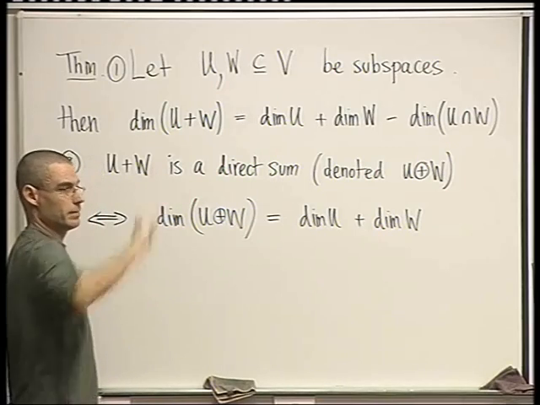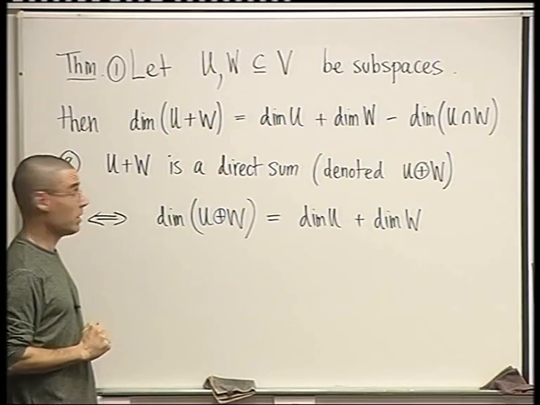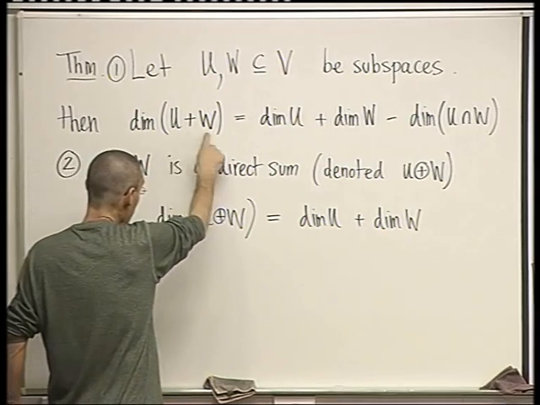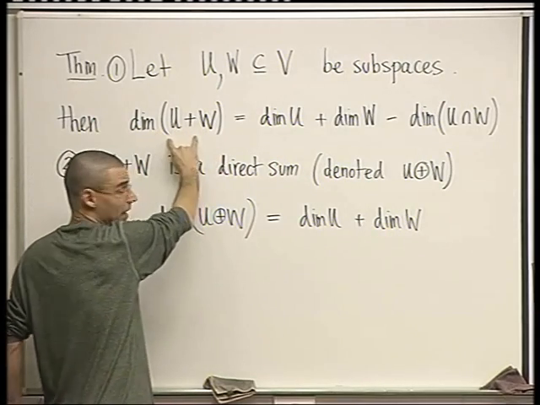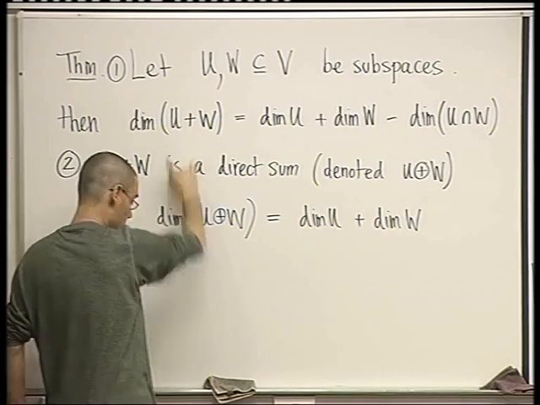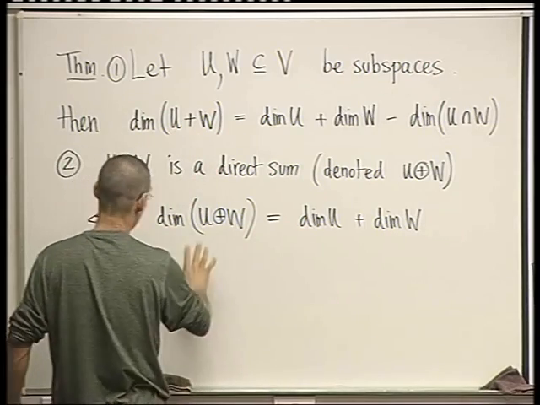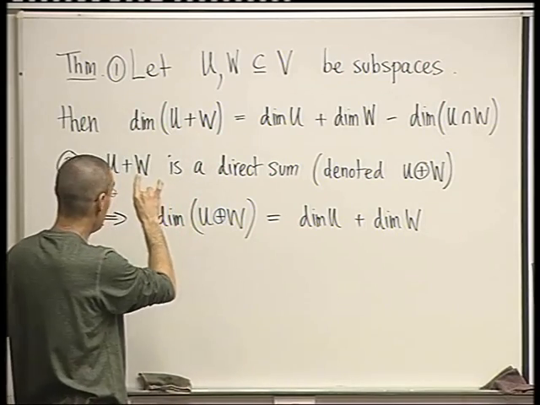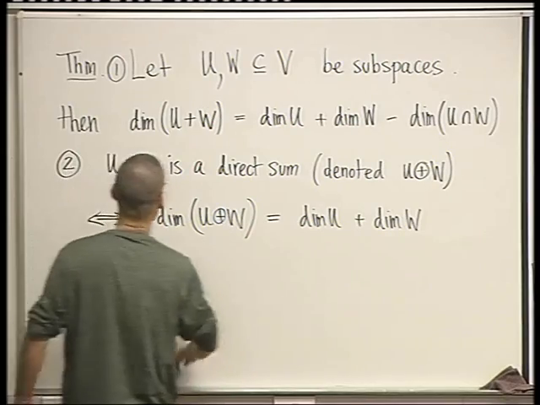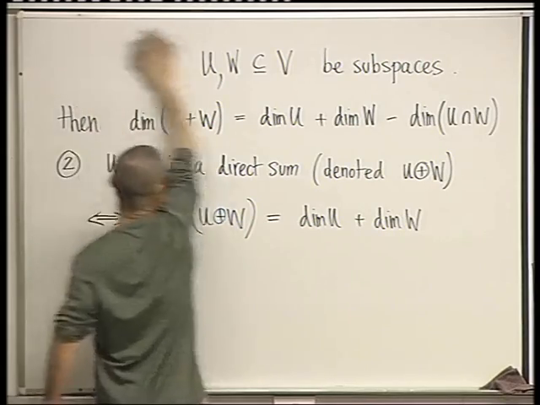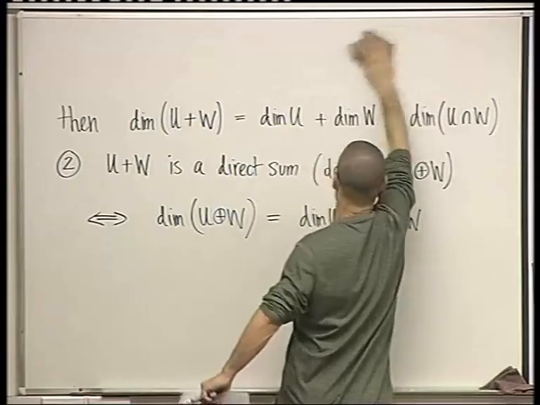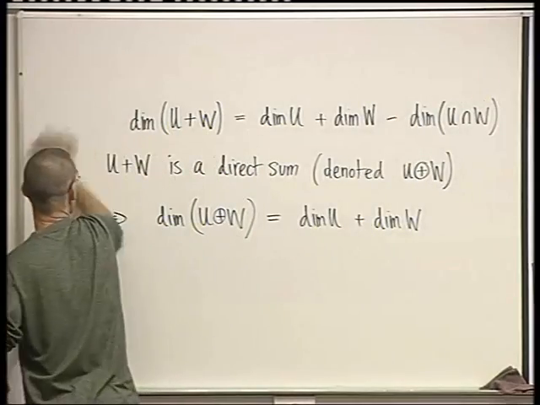Right? One dimensional. Because U plus W was 4-dimensional, right? So before I erase it, let's do this.